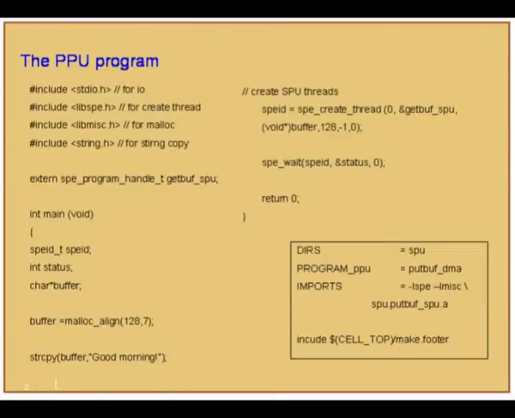getBuff_SPU. So essentially in the PPU symbol space, whatever the SPU references will be visible to the PPU because it's embedded in the PPU executable itself. And this is the smartest way we could come up with in order to accommodate the two different architectures inside only one binary.